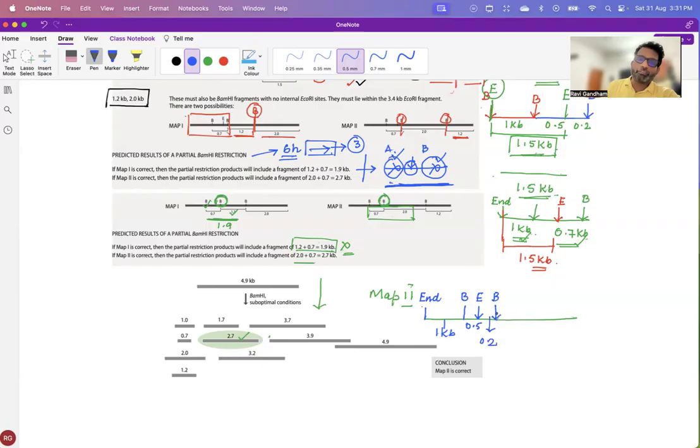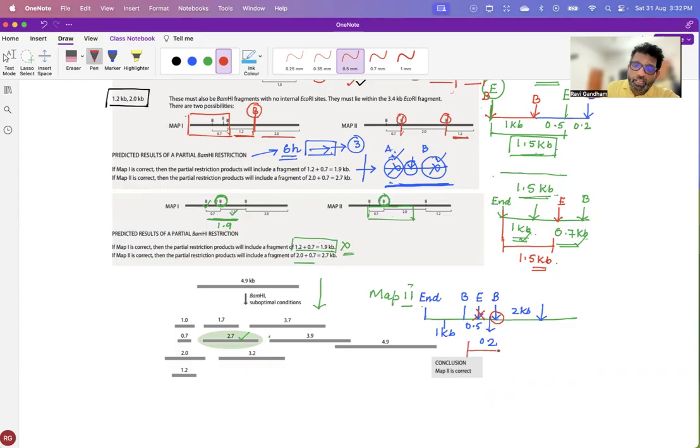And then what you were confused with is whether I have a 2 kb fragment site here or a 1.2 next. It is now confirmed that you have a 2 kb site here, because on partial digestion, this BamHI did not cut partially. And you partially digested only with BamHI, so there's no possibility of EcoRI.